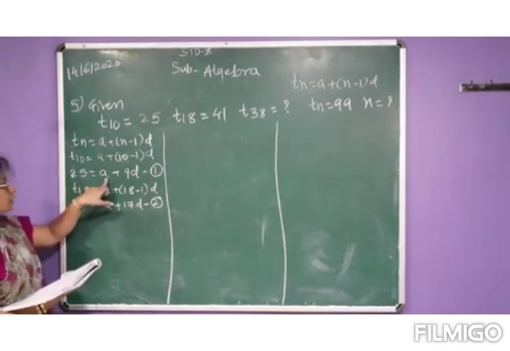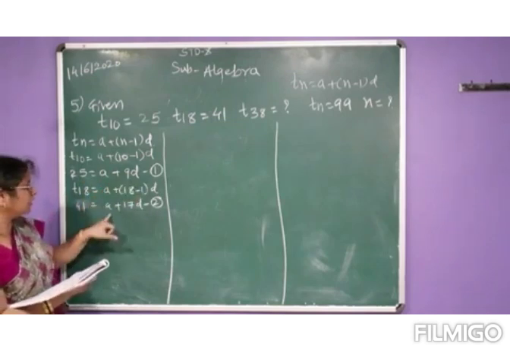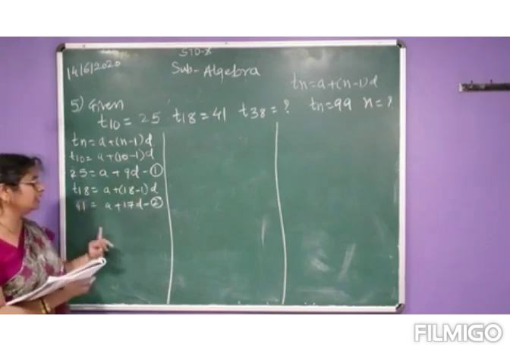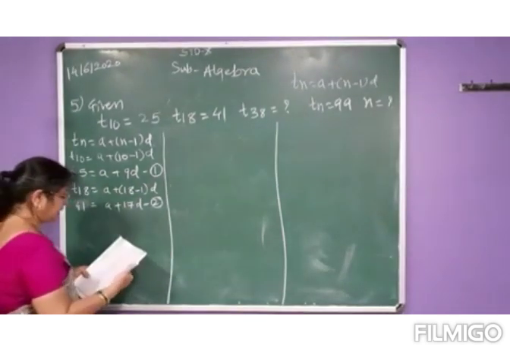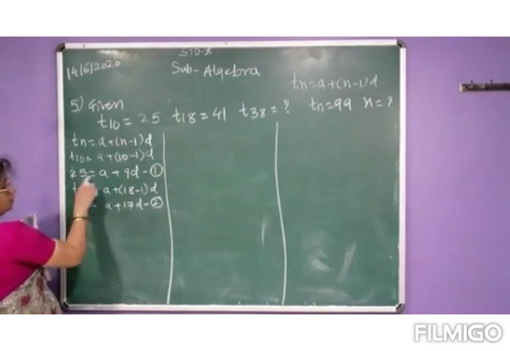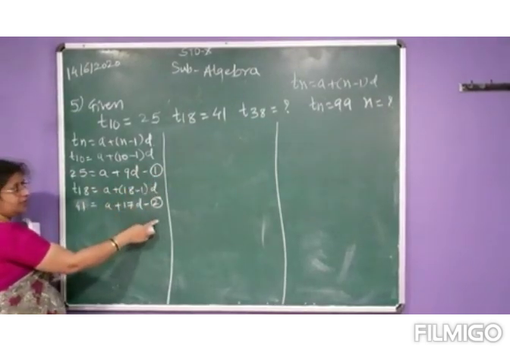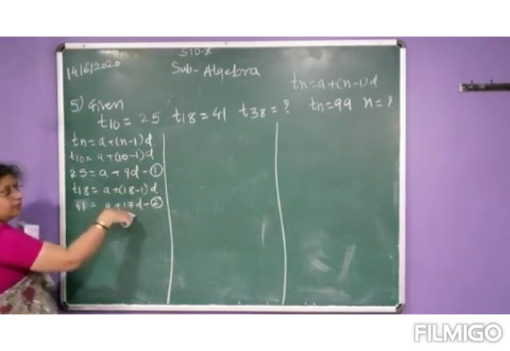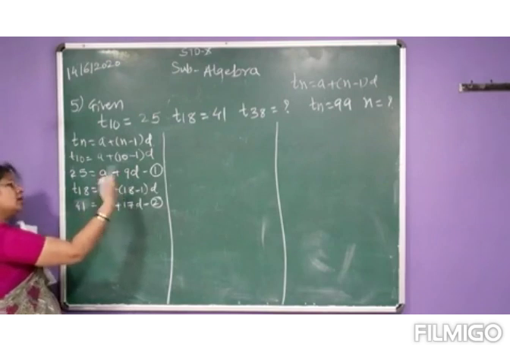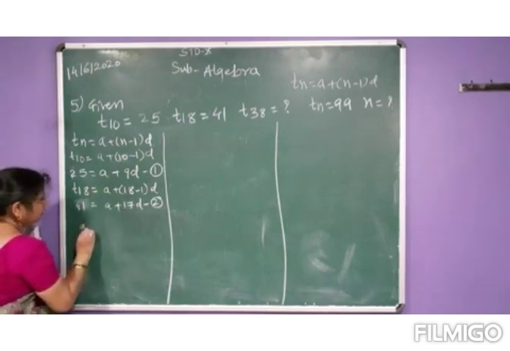Means, a is 25 minus 9d, and if you substitute it over here, you will get the value of d. But the multiplication is complicated. Or you can eliminate a also. Okay, we will see the elimination method.